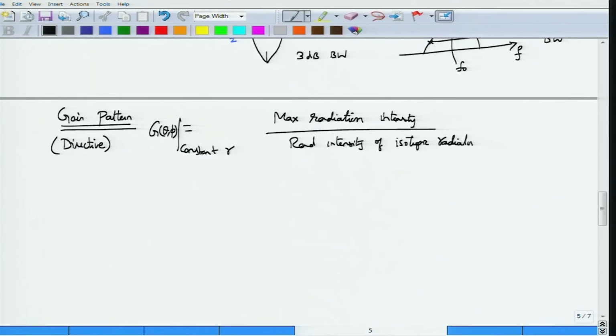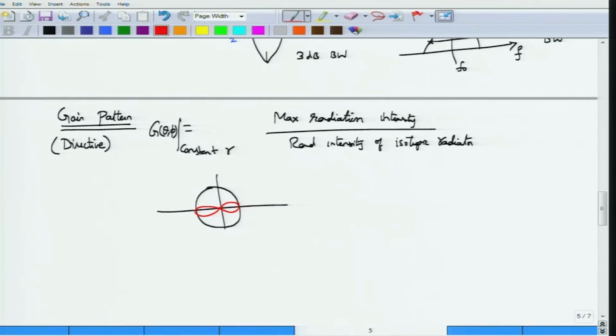Why is that chosen? If you look at the radiation pattern of an isotropic antenna, it would be a nice big circle, whereas for most directive antennas the radiation pattern would look something like this, directed in a particular direction. So how much power is actually being radiated in this narrow region or along this particular direction, relative to the power that would be radiated by the isotropic antenna, defines the gain pattern.